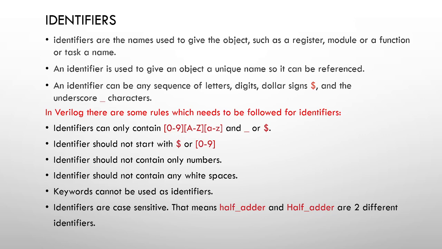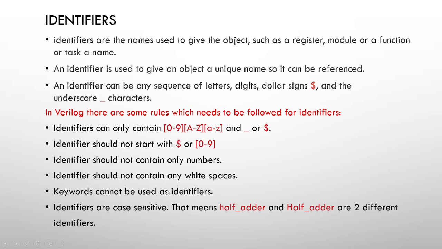While naming something, when you want to use a space, you can use the underscore symbol instead. But you shouldn't use the white space.